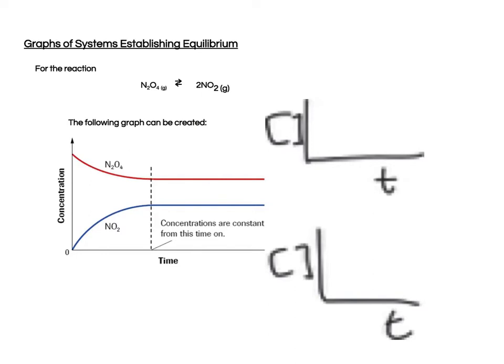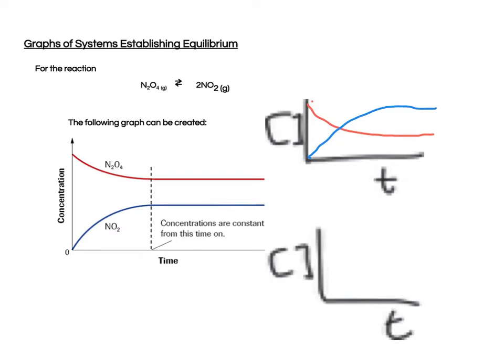If my amount of N2O4 were less than the amount of NO2, that would indicate that the reaction favored my products. So it's going to go down and level off, same as before. But the difference between my new graph and the original graph is that the final concentration of my NO2 is going to be higher than that of my N2O4.